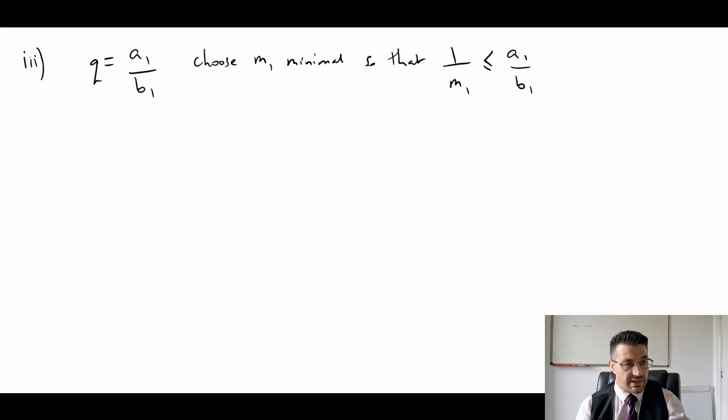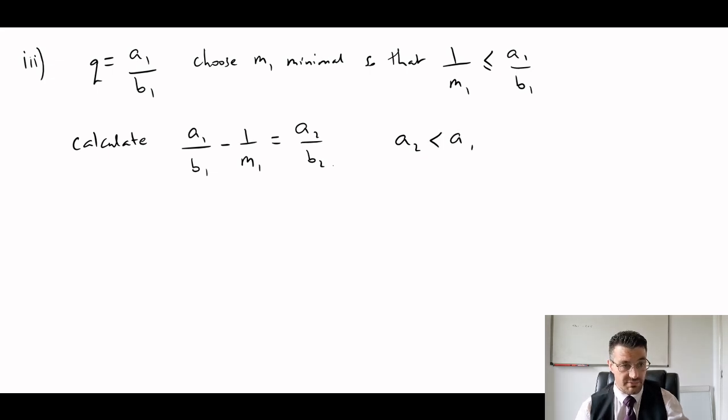And calculate A1 over B1 minus 1 over M1 and set this equal to A2 over B2. Okay, and we know that A2 is less than A1. This is going to be really important, by the way.